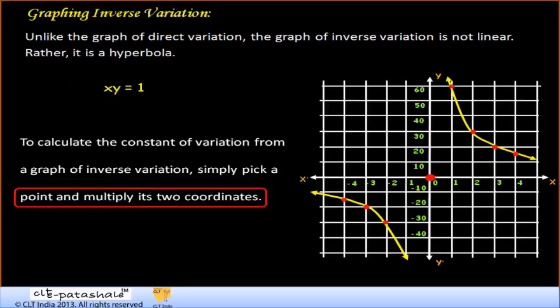To calculate the constant of variation from a graph of inverse variation, simply pick a point and multiply its two coordinates.